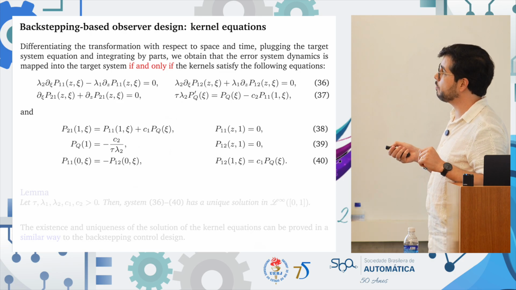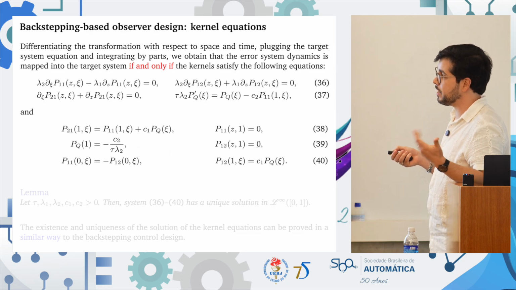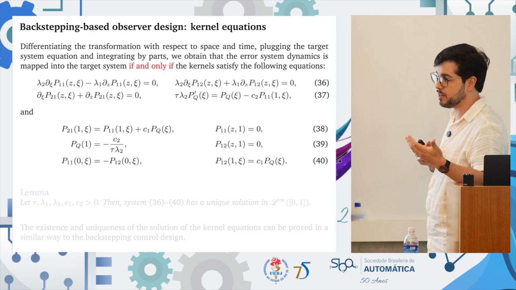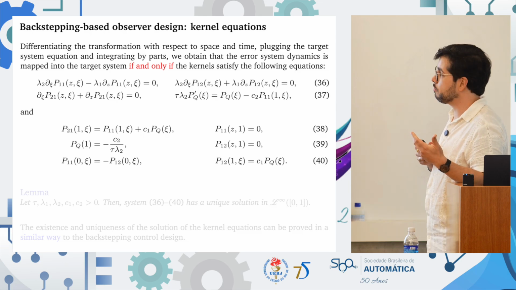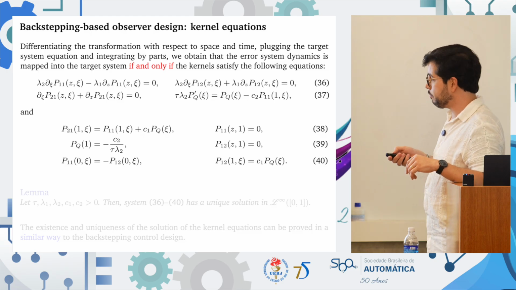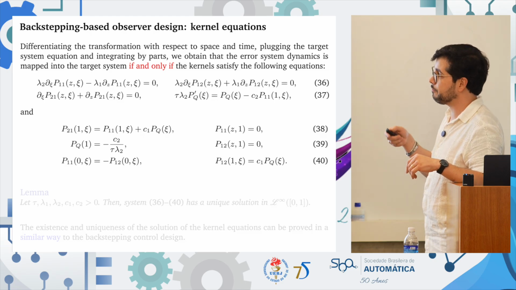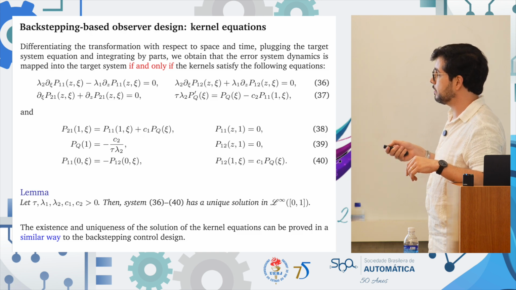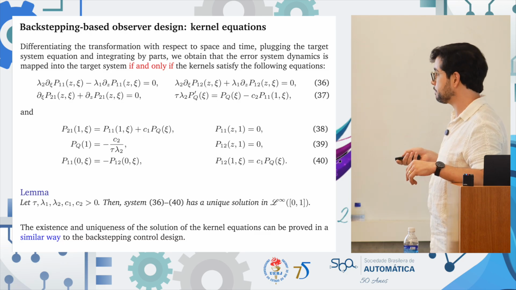So in the end, we will get these kernels, which are essentially the same as the control problem, because in backstepping, the observer design is the dual problem of the control design. And we can show using the method of characteristics, as I showed before, that this set of PDEs has a unique solution bounded in the supremum norm, okay?